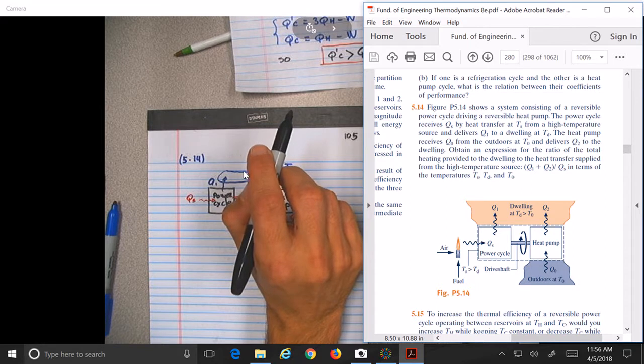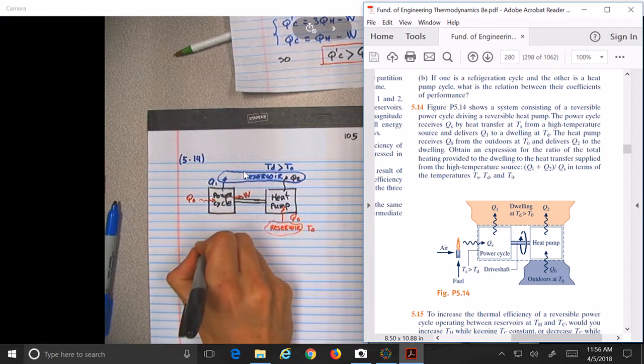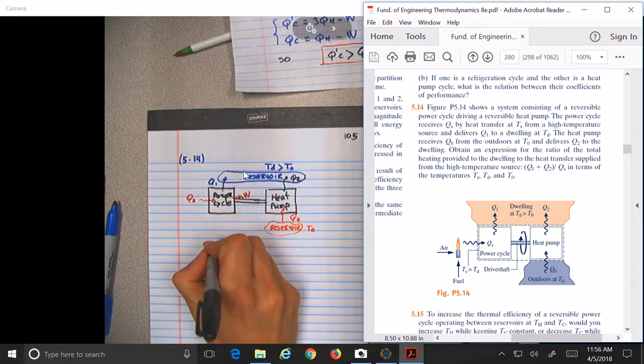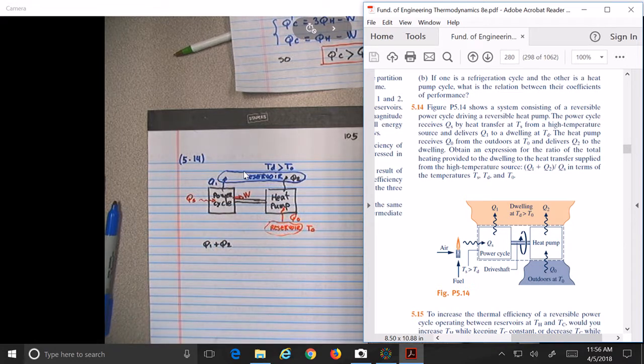Provided to the dwelling, so that's Q1, correct, plus Q2, over Qs.